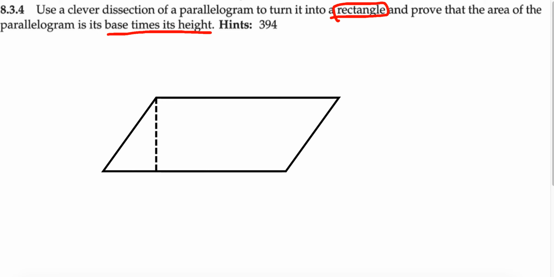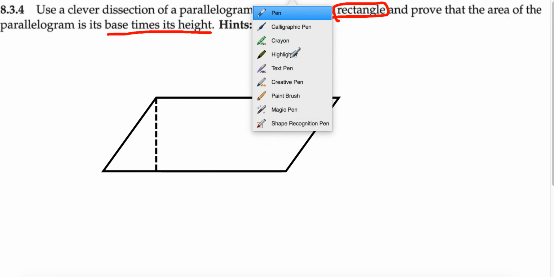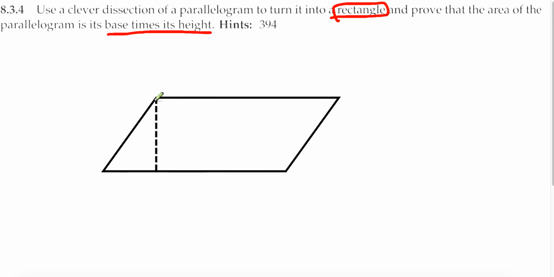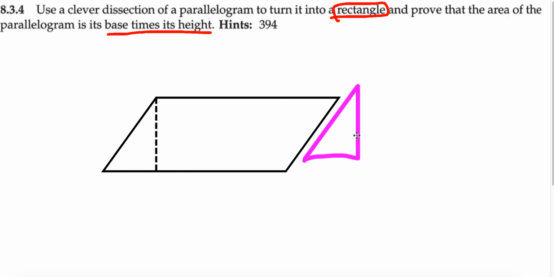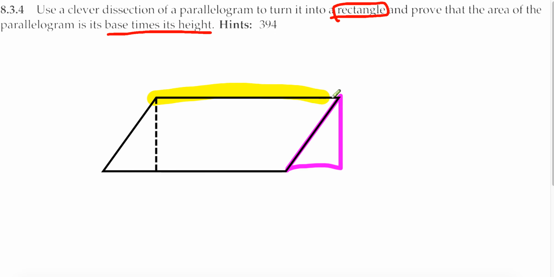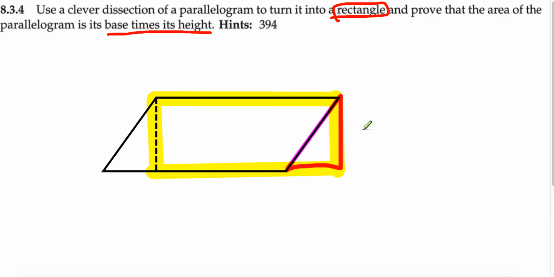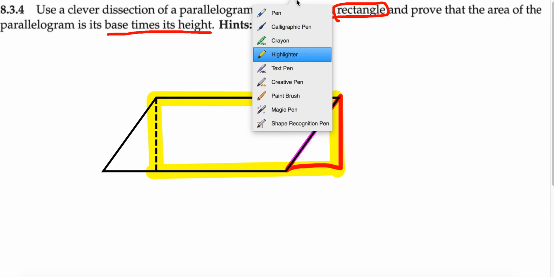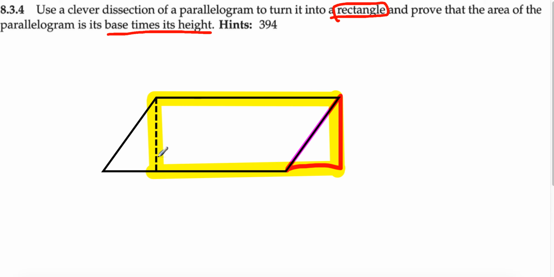Then, after that, what I'll be doing is I'll be copying this triangle, bring it over right over here. Then you can see that this yellow one must be a rectangle, because originally we assumed that this is the right angle.